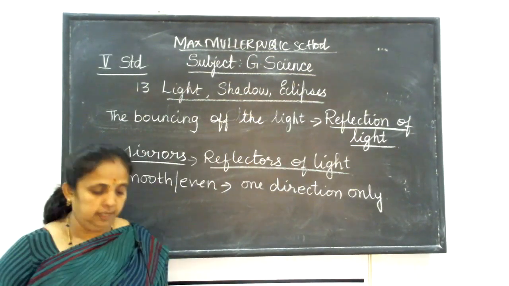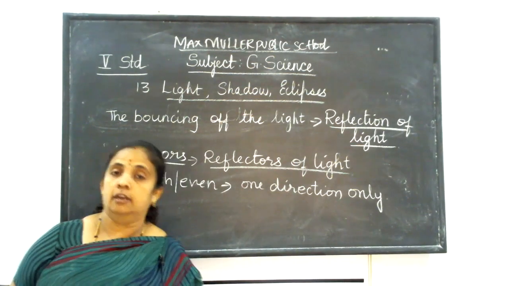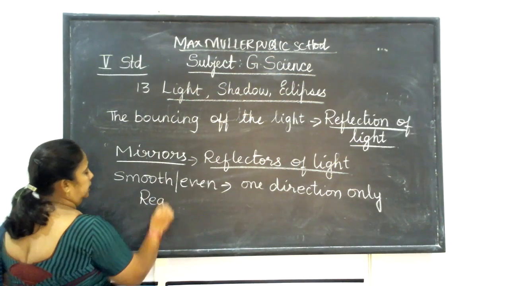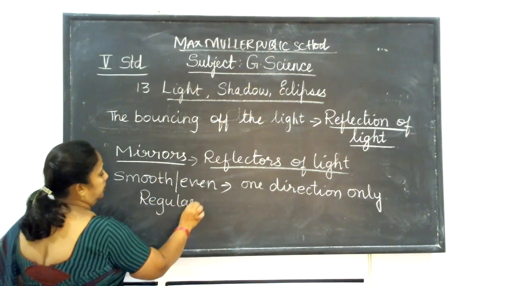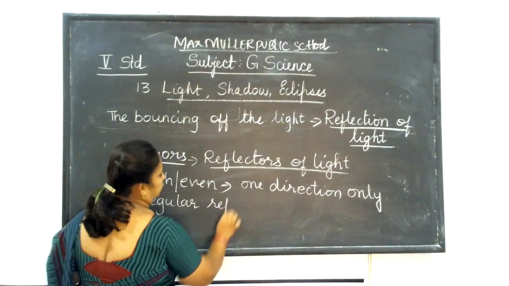Then a proper image of the object will be formed. This is known as regular reflection of light. So the image, whatever is formed, will be regular.